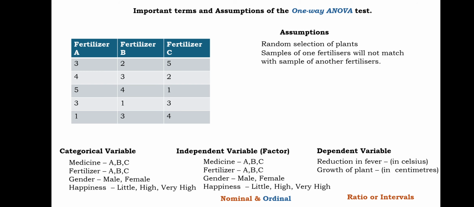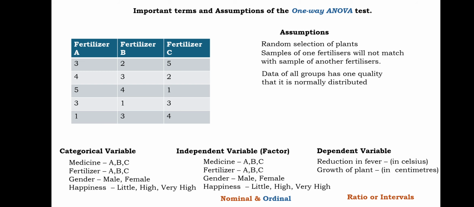One more assumption is that the plants selected for fertilizer A will be different, the plants for fertilizer B will be different, and the plants for fertilizer C will be different. It means all the samples will be different from each other.